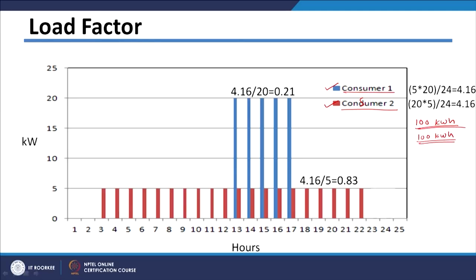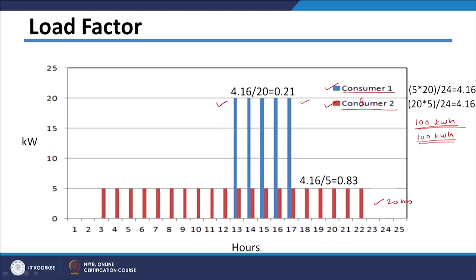However, this consumer is operating for only 5 hours, whereas this consumer is operating for 20 hours, and the capacity required by the utility to feed consumer number 1 is 20 kilowatt.